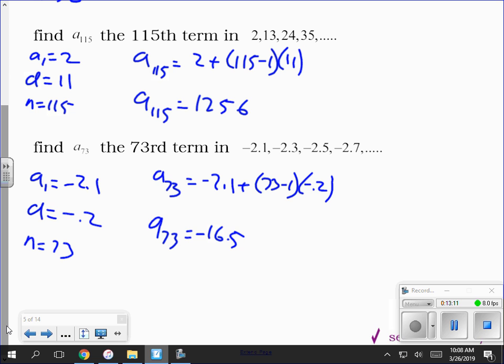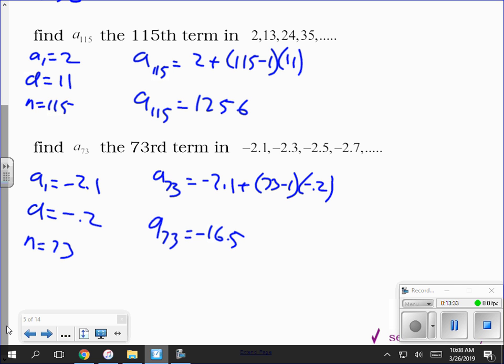Questions? Yeah. I need to know what term number we're looking for. And it is important to use the correct terminology, the correct notation.